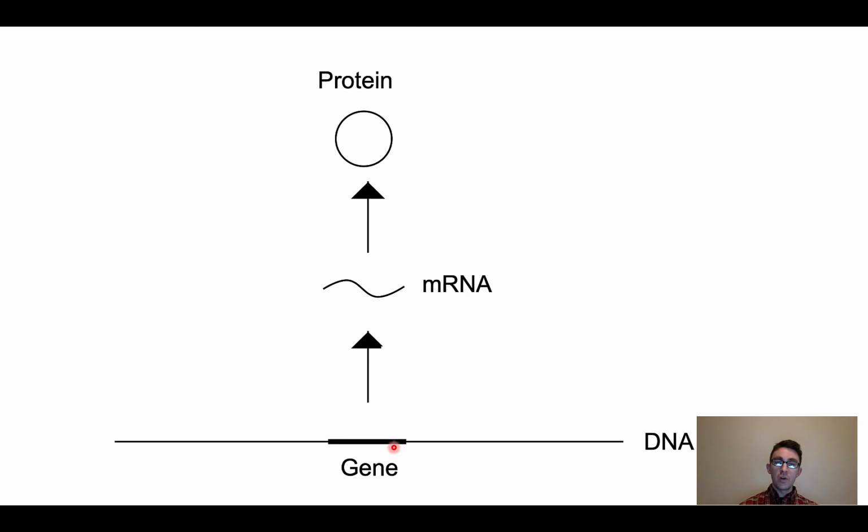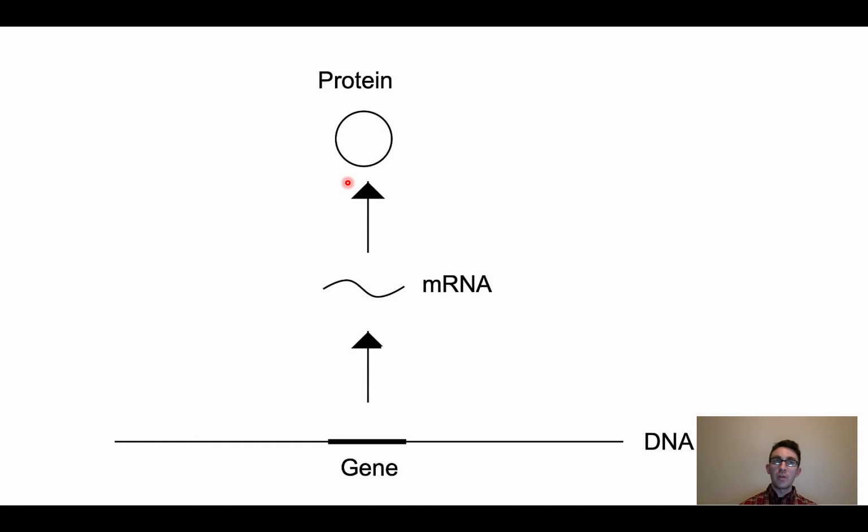There are sequences of nucleotides, and these segments of DNA have the instructions for how to make strands of messenger RNA. So they get made into strands of messenger RNA, and then the messenger RNA strands are used to produce proteins, and then the proteins carry out various jobs and functions within the cell.